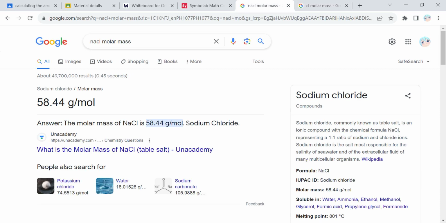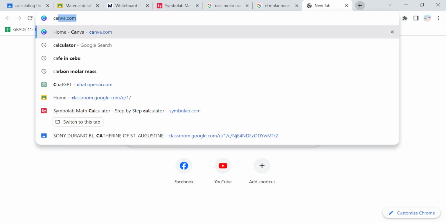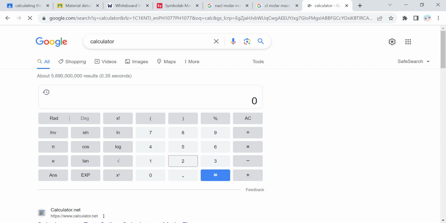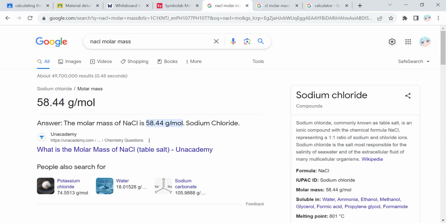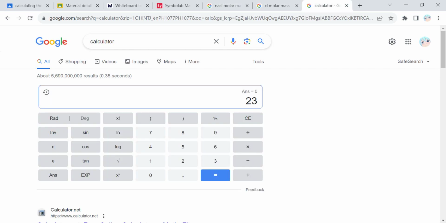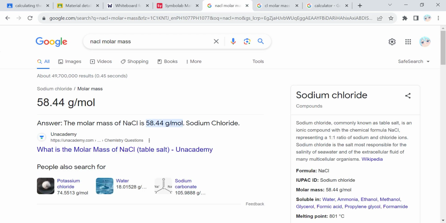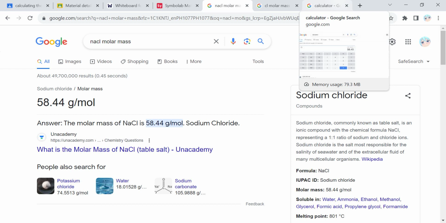But since we rounded them off, we're actually gonna use 58.45. It depends on what is said on the test paper, whether we have to round them off or not.